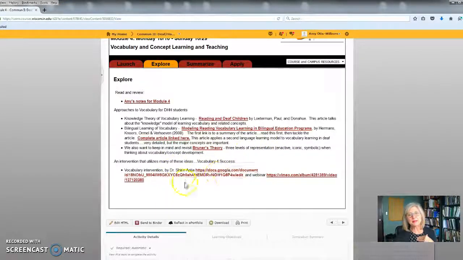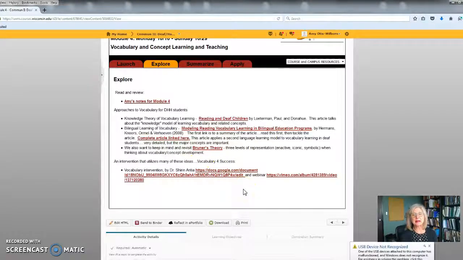The other piece that's really kind of neat is that Shireen Antia, who is working at the University of Arizona, has developed a vocabulary intervention for deaf children called Vocabulary for Success, and so I have that information.